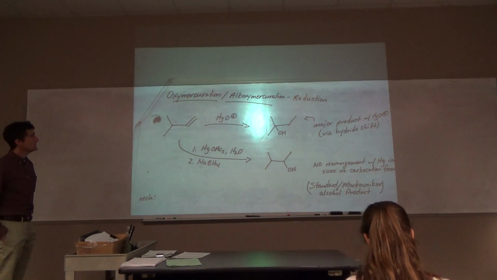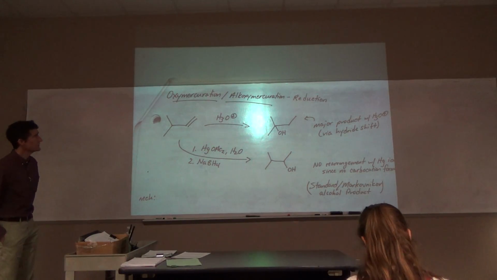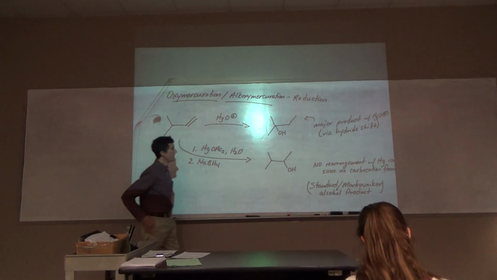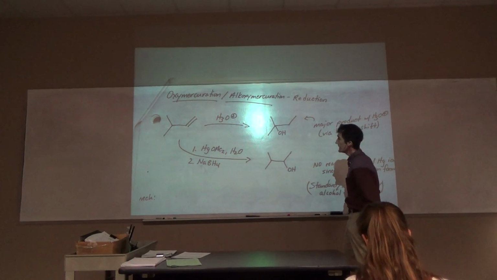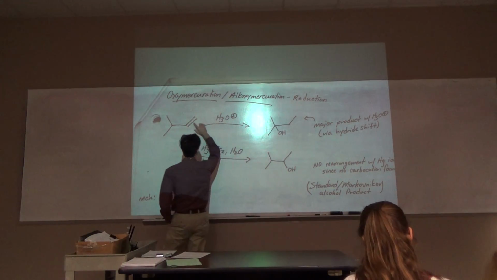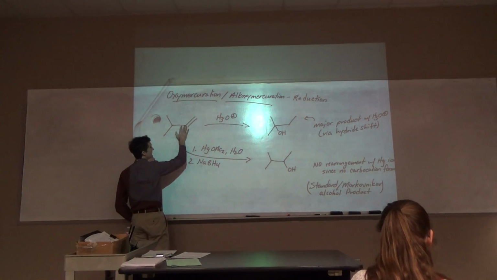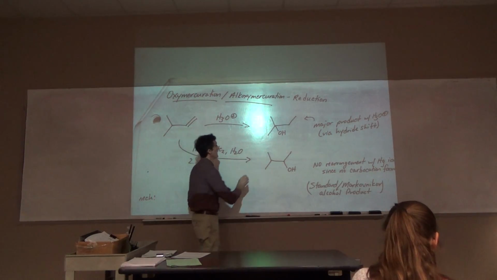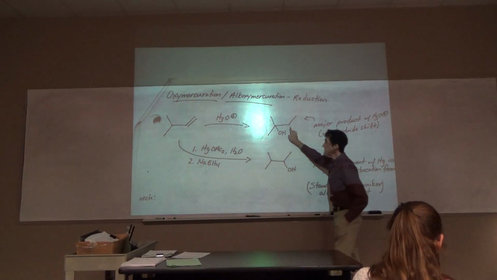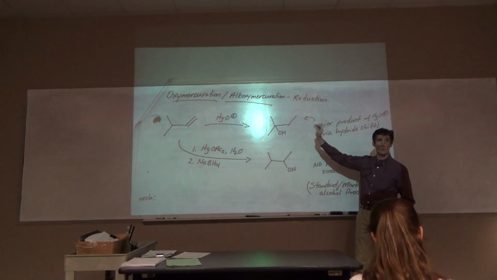Next reaction, oxymercuration, alkoxymercuration, followed by reduction. Let's look at this reaction. First off, a review. We take this alkene reacting with aqueous acid like we did last week in lab. You get this alcohol here. We've covered this exact reaction before.